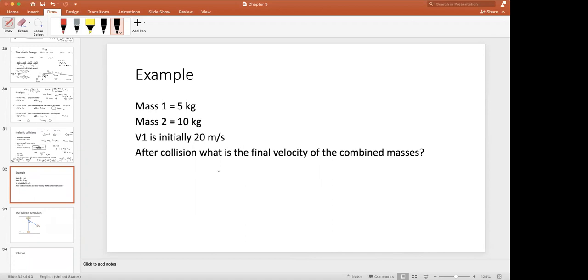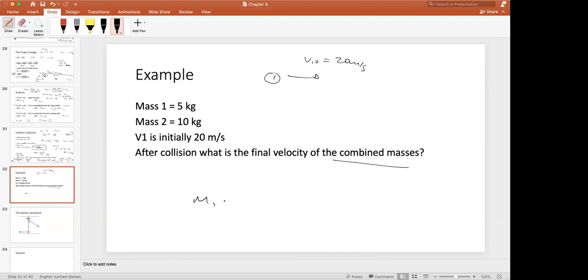After the collision, what's the final velocity of the combined masses? So we know that this is an inelastic collision because it says combined. And we know that v1 initial was 20 meters per second, and we know what m1 and m2 are.